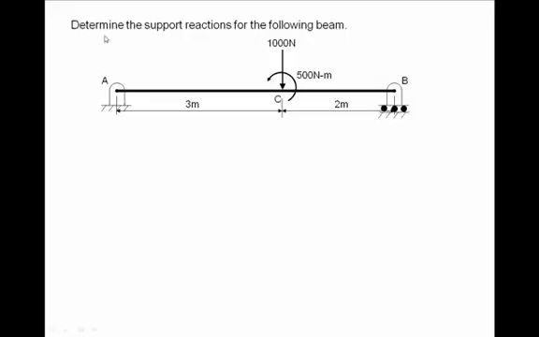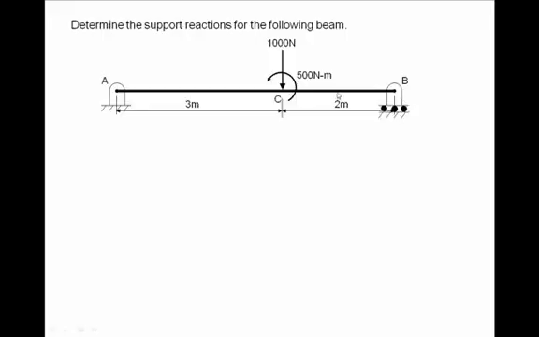And our question is to determine the support reactions for the following beam. Now this beam is supported at A and B by what is called a hinge at A and a roller at B. Now these are the symbols. This is a symbol for hinge, this is a symbol for roller.